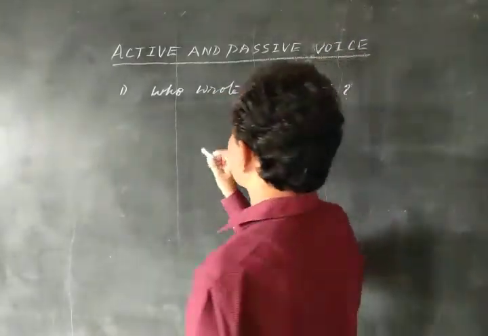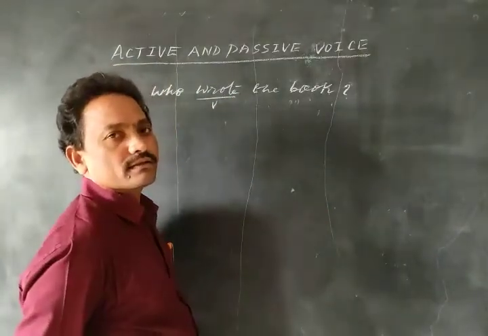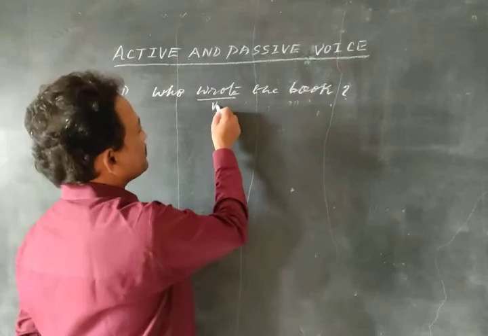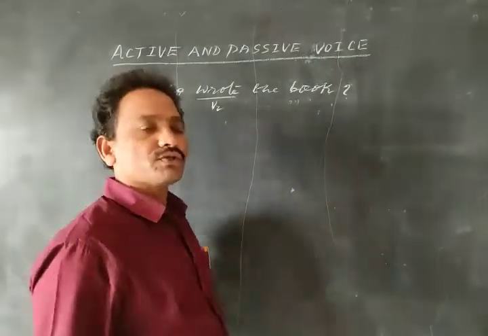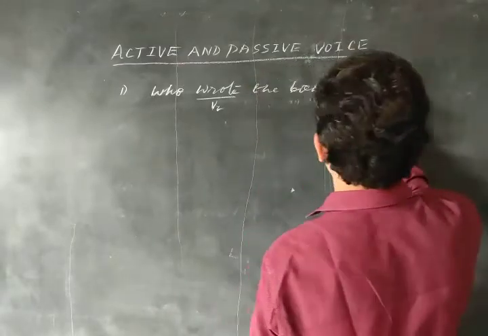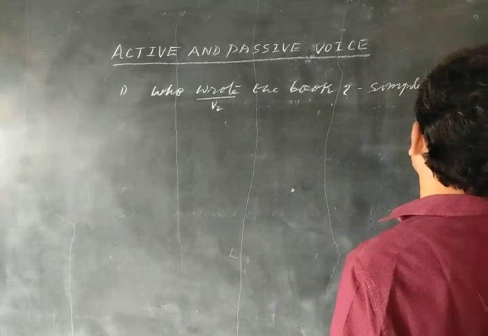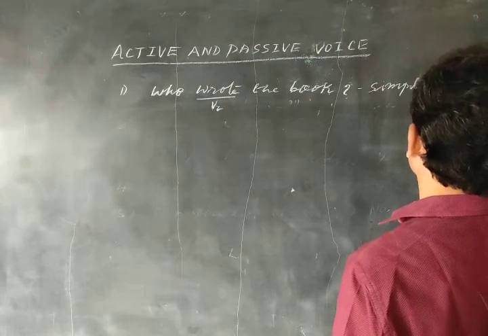What is the verb here? Wrote is the verb. This is V2, which is used in simple past tense. So this tense is simple past.